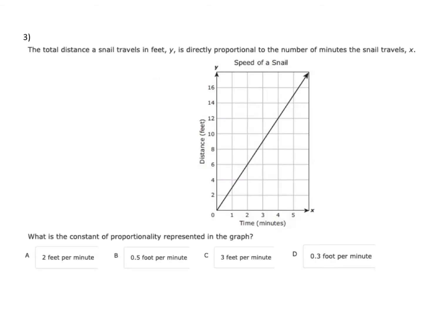Number 3 says the total distance a snail travels in feet, y, is directly proportional to the number of minutes the snail travels, x. What is the constant of proportionality represented in the graph? So anytime we see constant of proportionality, we should always think k equals y over x.